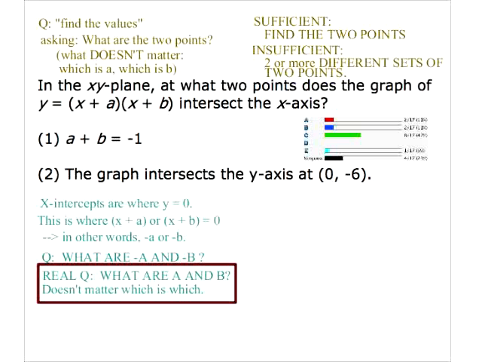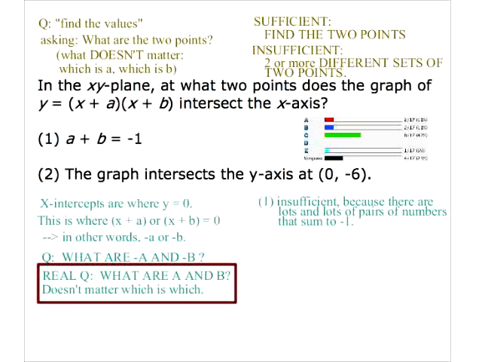Statement 1 by itself is definitely insufficient because there are lots and lots of pairs of numbers that add to negative 1. Statement 2 is also insufficient.